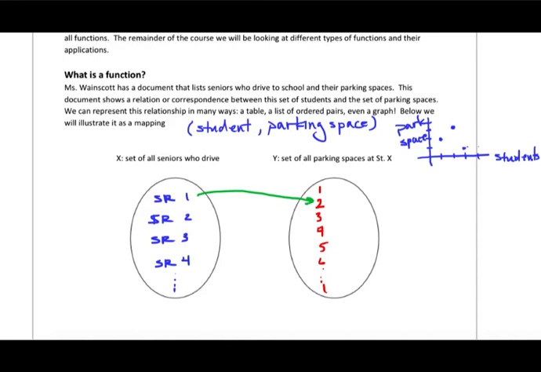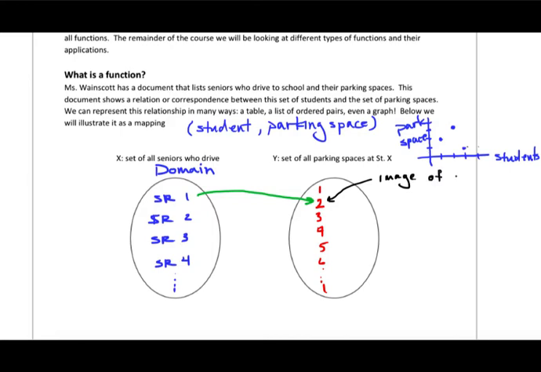We talk about this set here as being the domain. Senior one is an element in the domain, and this 2 becomes the image of senior one.